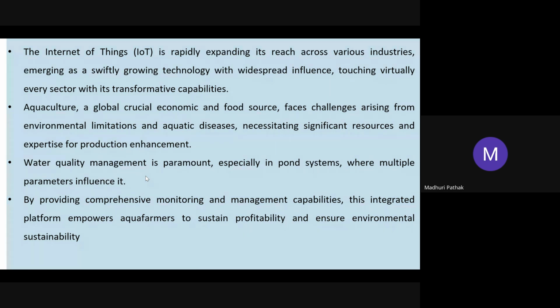Given meat production, agriculture production, milk production, and fisheries or aquaculture, aquaculture is giving the maximum output. So this area is also seen as a potential area for the application of smart techniques. That means machine learning, IoT or artificial intelligence is also applied in this sector.